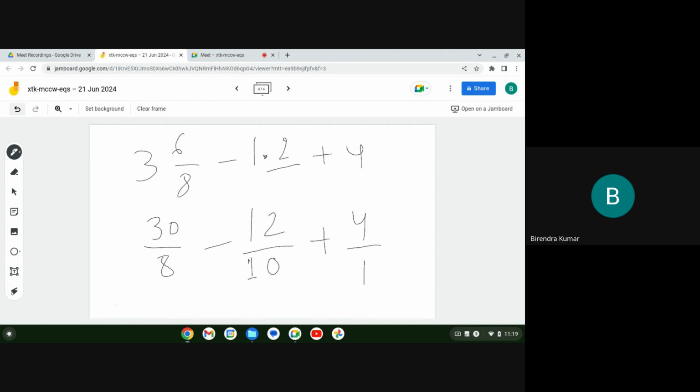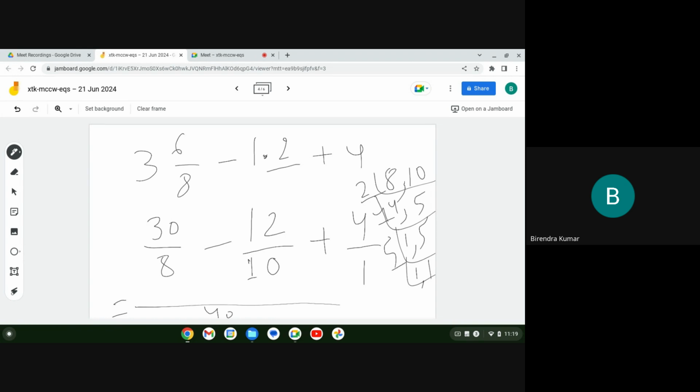It's very easy. Now you know that I will find the LCM and then deal with everything. The denominators are 8 and 10. What is the LCM of 8 and 10? 40 will be my LCM. 2 is common: 2 fours are 8, 2 fives are 10. Now 4 and 5 are left, so 2 times 4 times 5 is 40. 40 is my LCM.